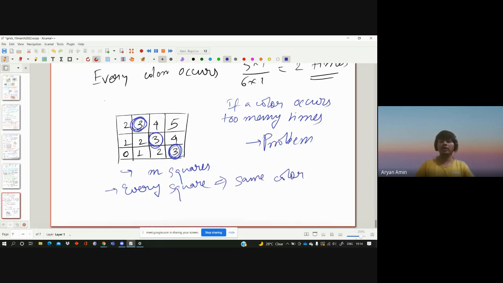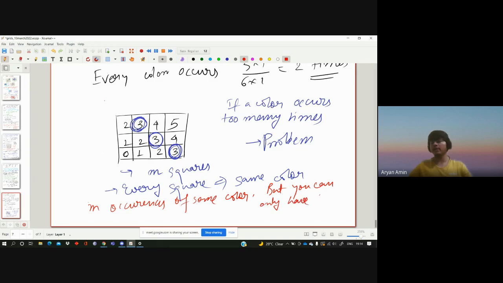So you are having m occurrences of some color, but you can only have mn by k occurrences. So now which is larger, mn by k or m?